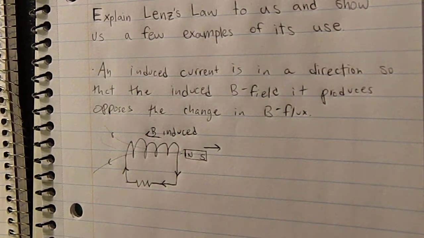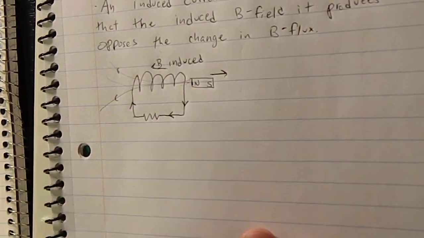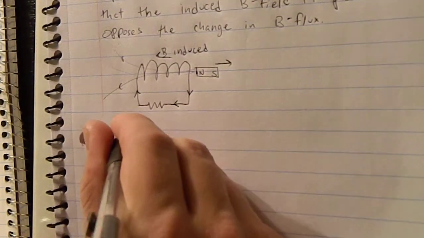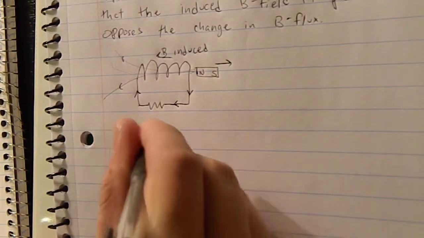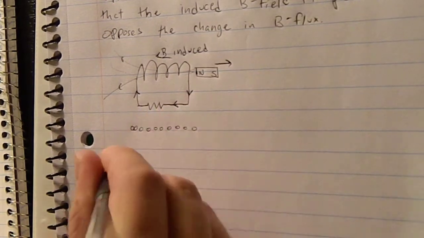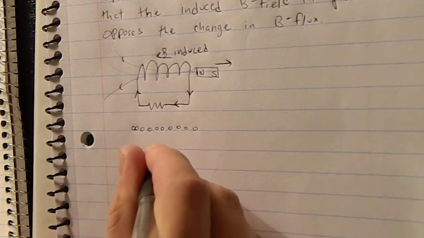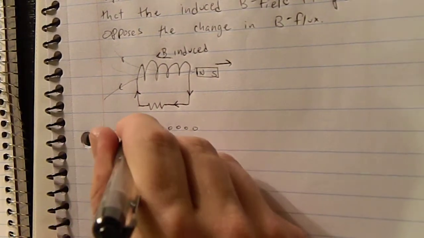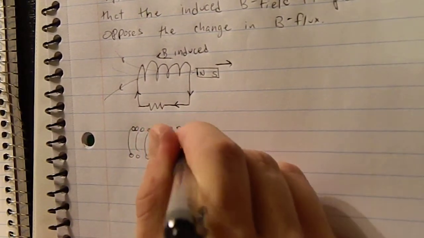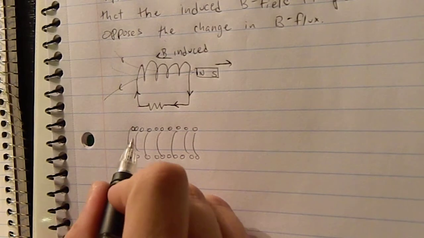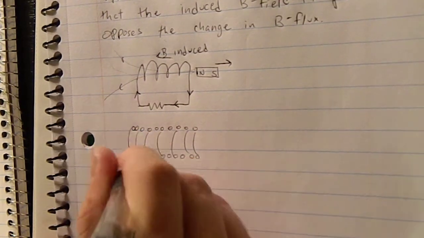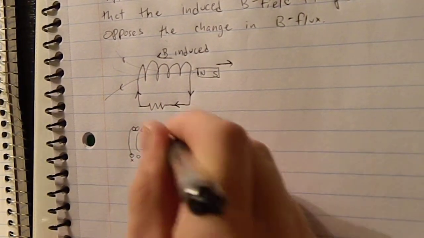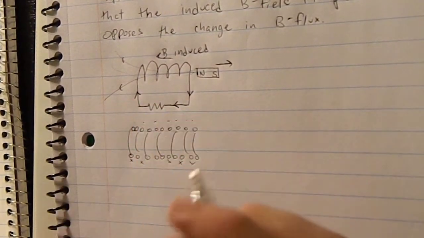Another example is if you have a solenoid like this. So I'll just quickly draw this. This is a cut of a solenoid where this is the backside, and right here they're all going in, and right here all the wires are coming out at you.